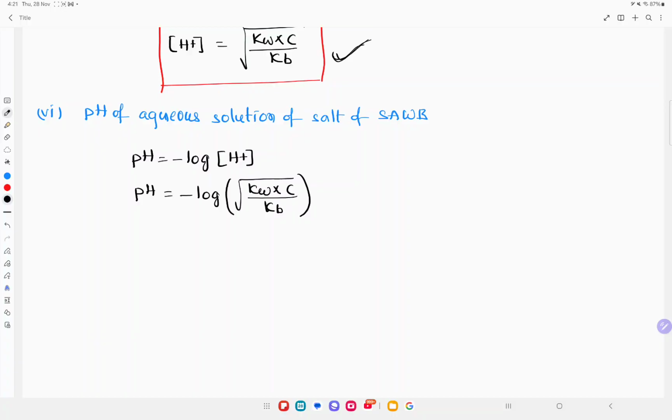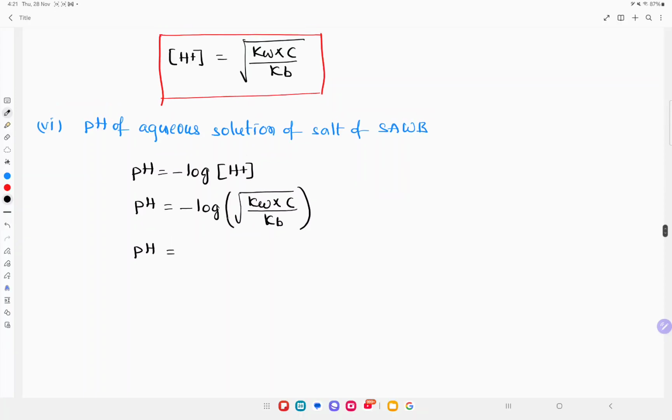So pH is equal to minus log of KW into C by KB power 1 by 2. So pH is equal to, log A power B becomes B log A.